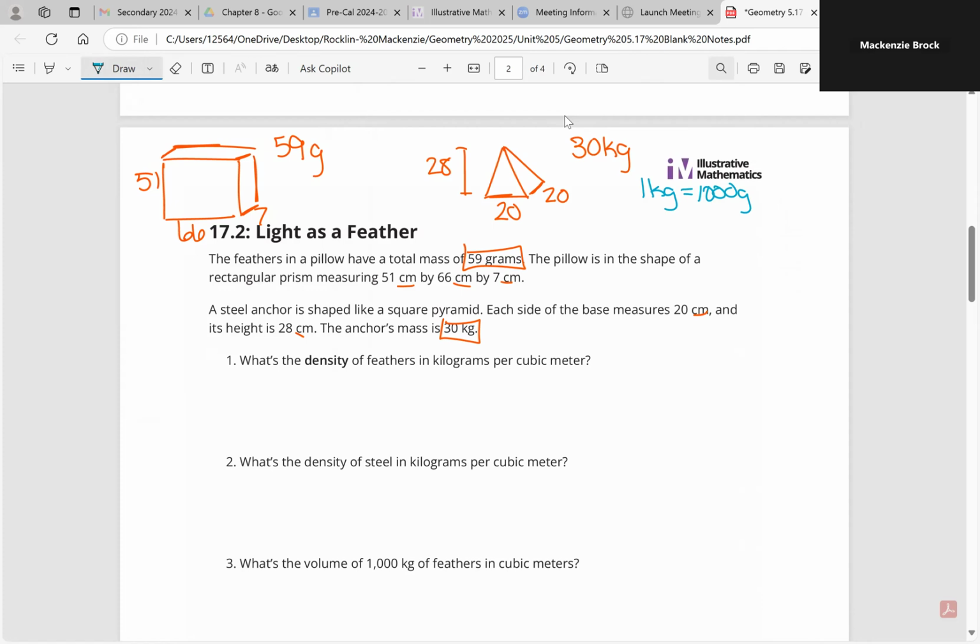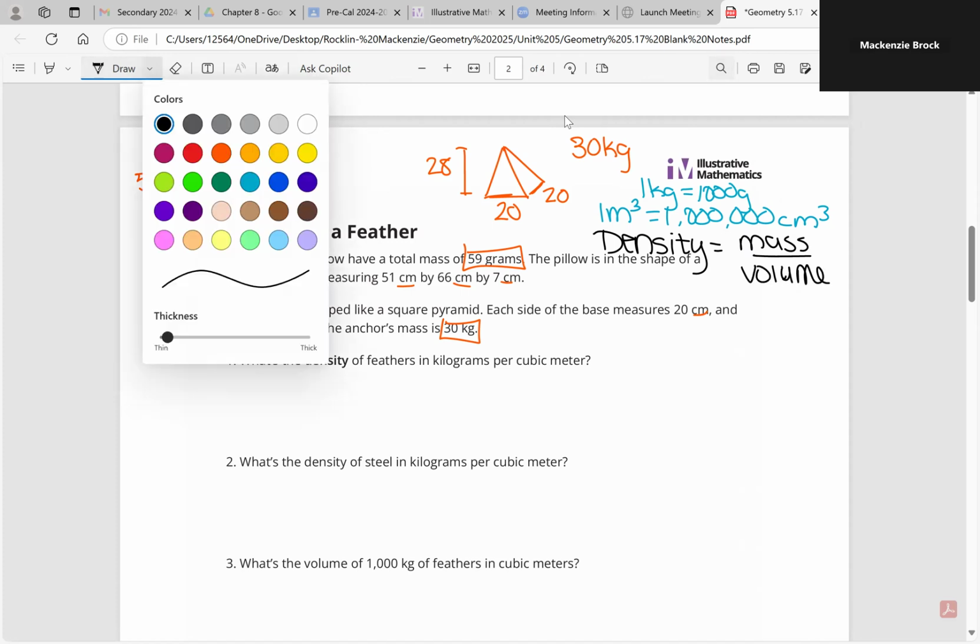I'm going to think of cubic meters and cubic centimeters since we're eventually going to find volume. 1 cubic meter is the same as 1,000,000 cubic centimeters. So remember, that's cubic. And the last thing, which probably is most important, is that I find the density by taking mass and dividing it by volume.